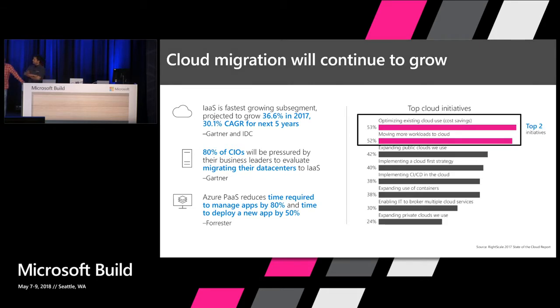The top initiatives for moving to the cloud are that customers want to reduce both operational costs and capital investments. Moving to the cloud is one of the initiatives a lot of CIOs are thinking about nowadays. So hopefully this data will convince us to talk about cloud migrations.